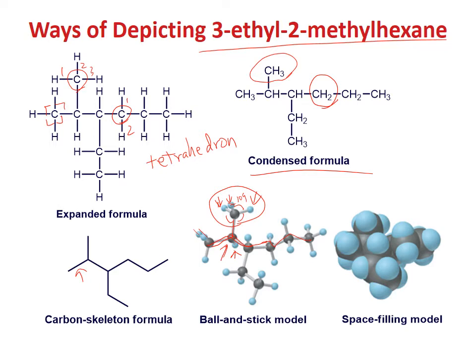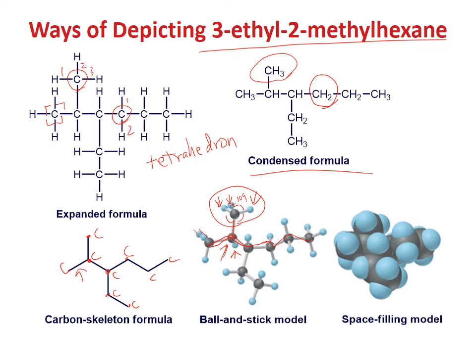Here the end means there's a carbon, and the intersection is also a carbon. So the end is a carbon, the intersection is a carbon. Basically it shows all the carbon-carbon arrangement, but omits all hydrogens and the carbon symbols.